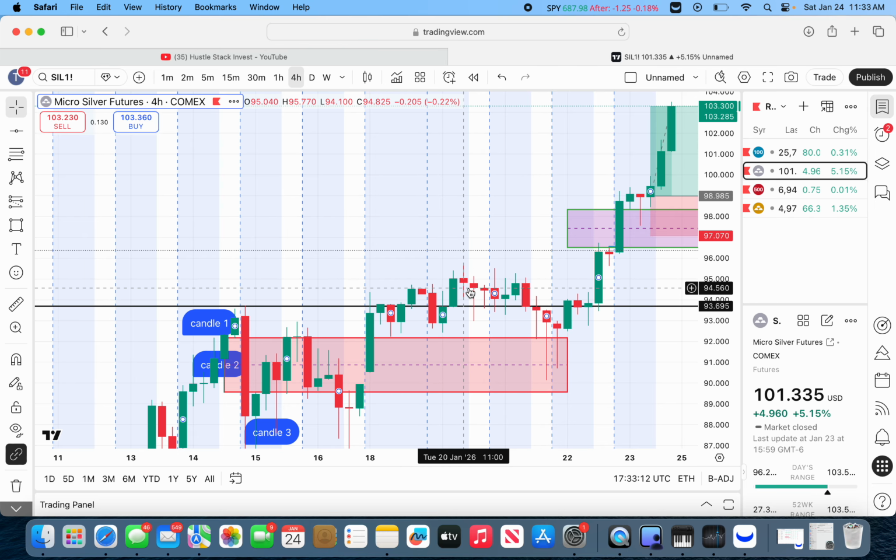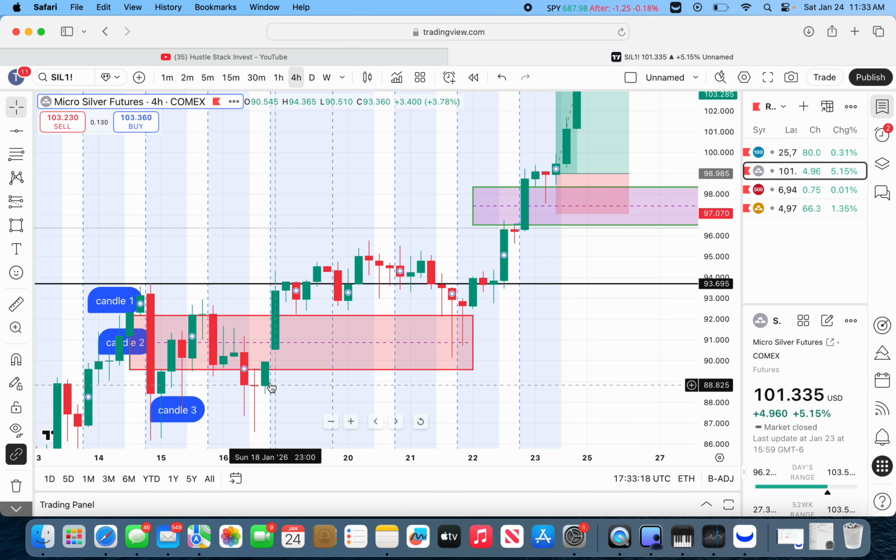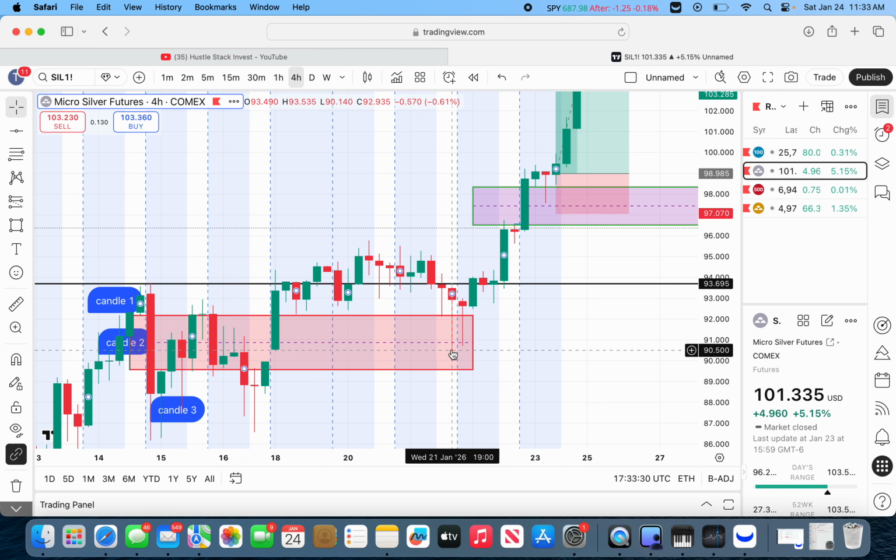As you can see, price broke above that first candle, just like this. And as I was telling y'all, this is not really a fair value gap right here because it didn't really have a wick on the top of this first candle, but it is an imbalance. So price will most likely tap back into this area, and as you can see, it did tap back into this imbalance area of this 1, 2, 3 candle, because that's where these taps came from.